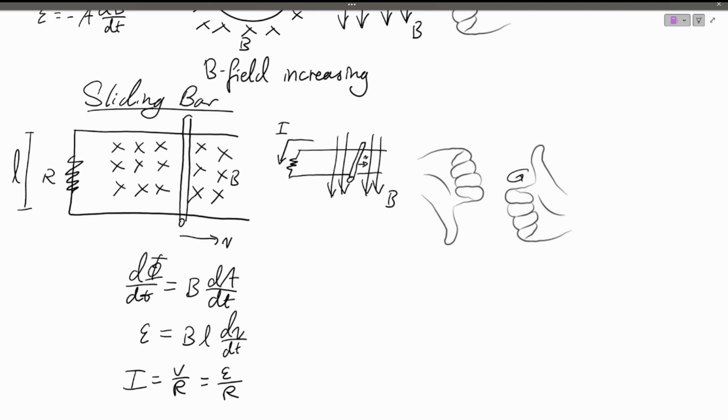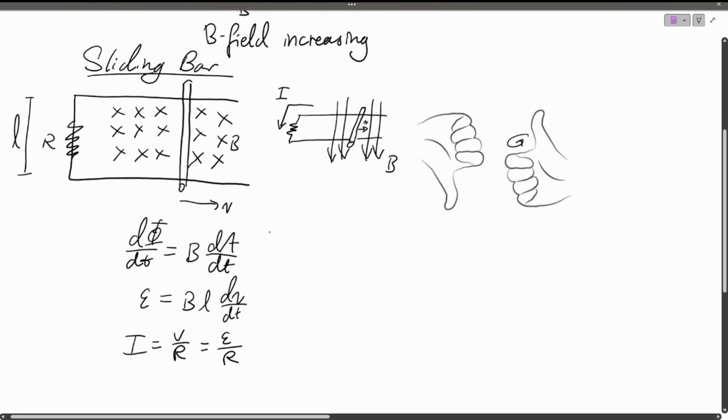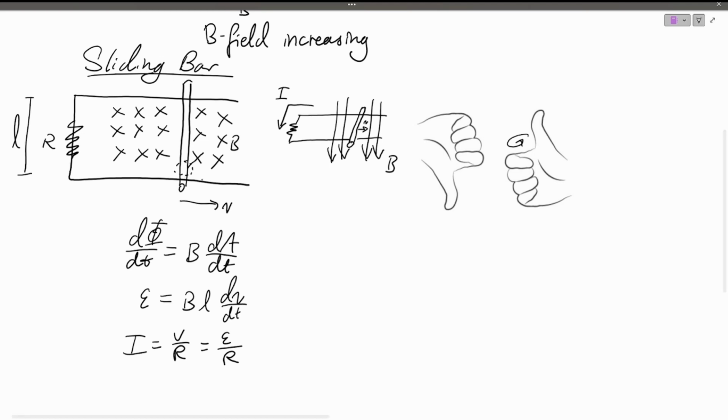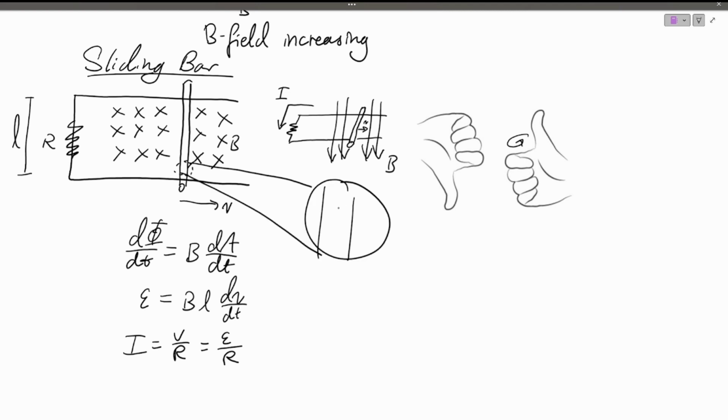Another way of looking at it is you can imagine you're looking at a tiny chunk of metal on the bar. Let's say you're just looking at a particle in the bar.